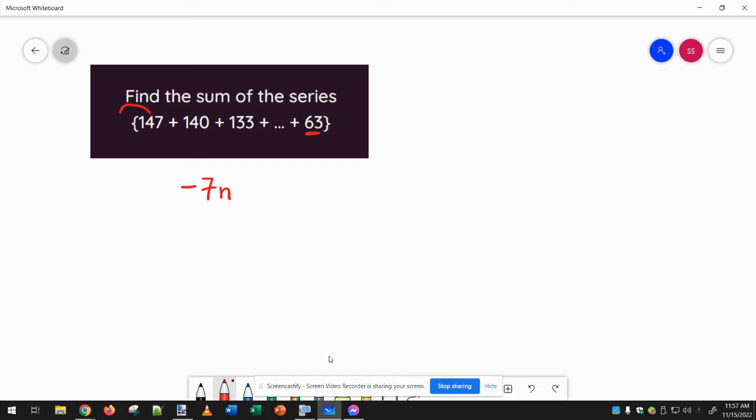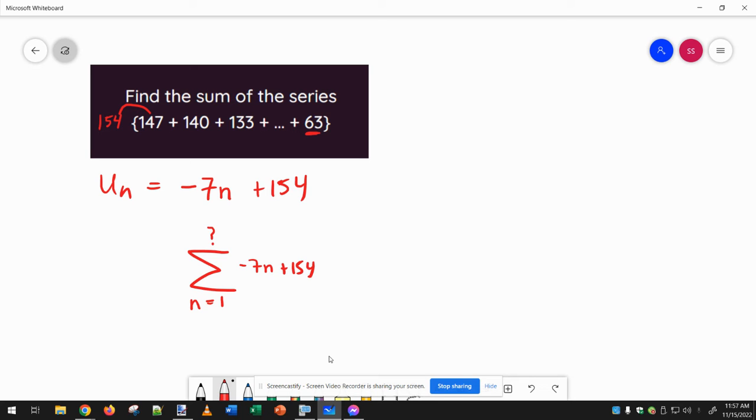And if I go backwards and I add 7, then this zeroth term is going to be 154. And now I have a rule for the series that I know is going to be arithmetic. And I can use my sigma notation starting at 1, plug in -7n plus 154.